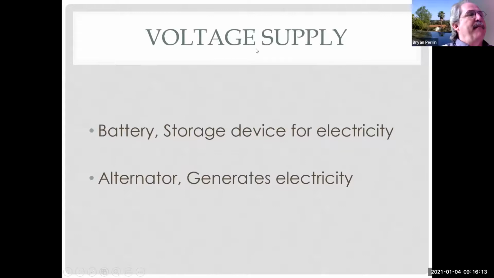So a voltage supply. A battery is a storage device for electricity, and in chapter 53, when we get to that, we'll learn about batteries. And then our alternator, which generates electricity. So I'm going to use my battery for starting the car. We use the alternator for running the car.